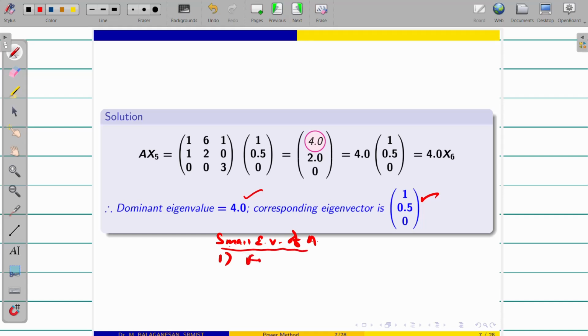First step, find the largest eigenvalue of A. Second, we have to form a matrix B in terms of A minus lambda 1 into I. So already we know the given matrix is A, and lambda 1 we just found using the power method. B equals A minus lambda 1 I. Next, the third one, find the dominant eigenvalue of B.